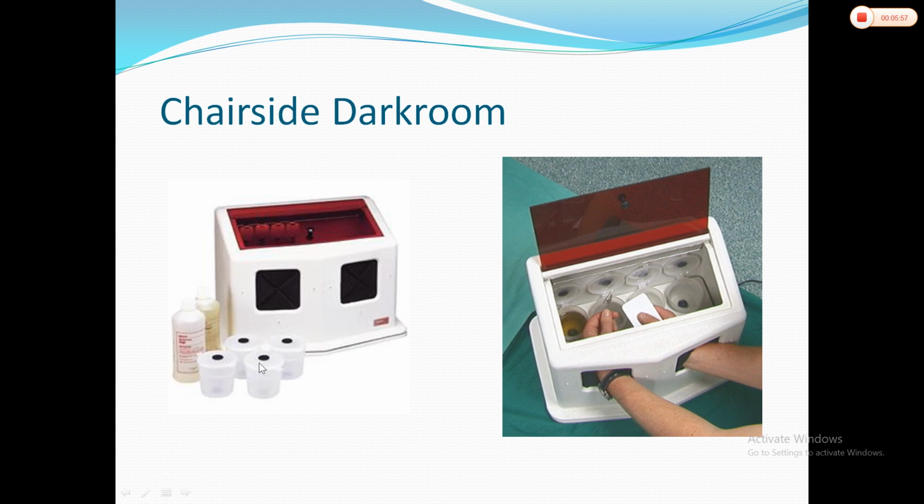So these containers are placed in this box. They contain processing solutions, that is developer, fixer and also water. So here the film packet is opened, the film is taken out and it is processed by dipping it in the solutions for a fixed time. This lid is closed while processing the film to maintain the darkness.